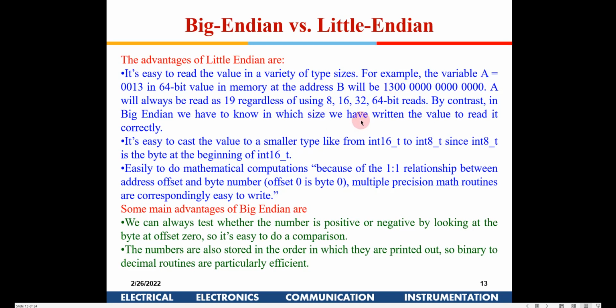That is one advantage, and it is easy to convert from a 16-bit to an 8-bit and things like that, because the MSBs are all zero. So these are some of the advantages of Little-Endian. That's why it is used vastly in processors.